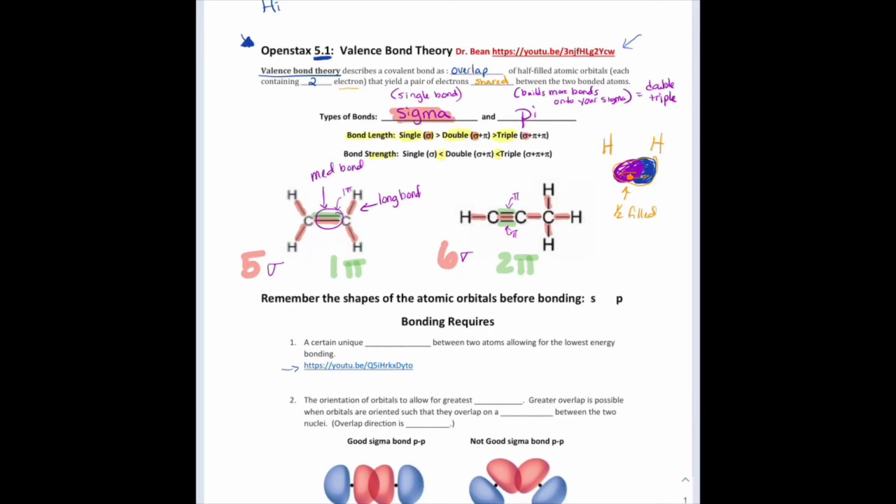That's medium together, and that's long, if I'm comparing those two. But then if I was asking about strength, I would say this one is weaker, and this one is stronger. And yes, the more bonds, the even stronger they are. So of both of these molecules, this is going to be your strongest and your shortest bond.